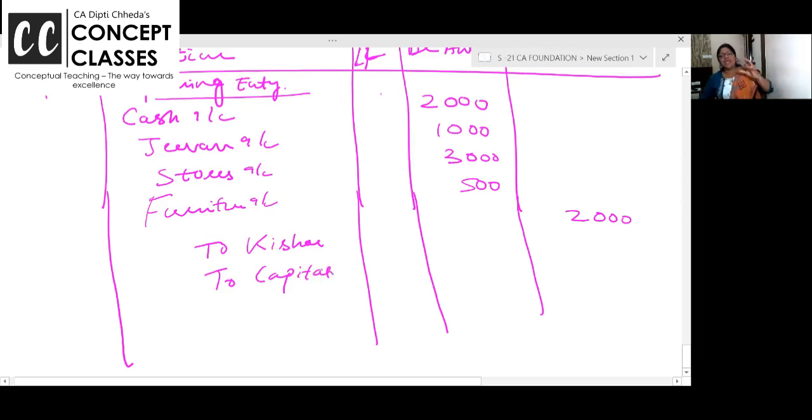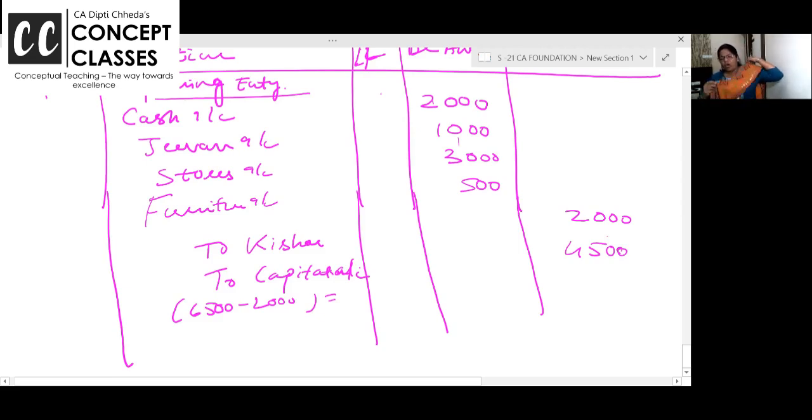You all have learned how to make the accounting equation. All assets debit, all liabilities credit, the balancing figure will be here. 6,500 is the asset and liabilities 2,000. So how much will be the capital account? 4,500. Take your time. If you have any doubt, ask.